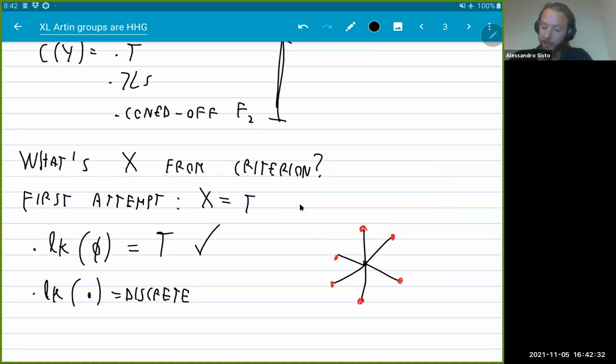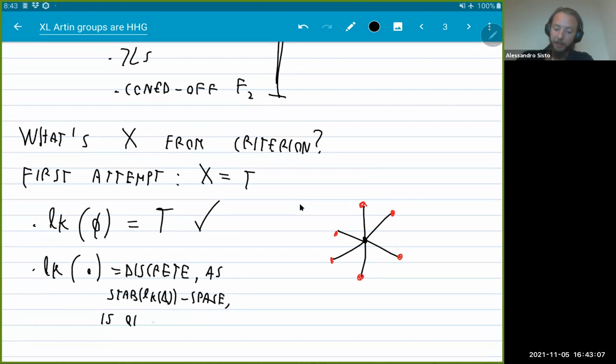But if you think about it, these various points in the link all correspond to a certain coset of a Z squared inside F2 cross Z. And if you think about it a little bit more, you will see, or hopefully it will make sense, that with this kind of strange notion of adding edges, this is quasi-isometric to the coning off of F2's.